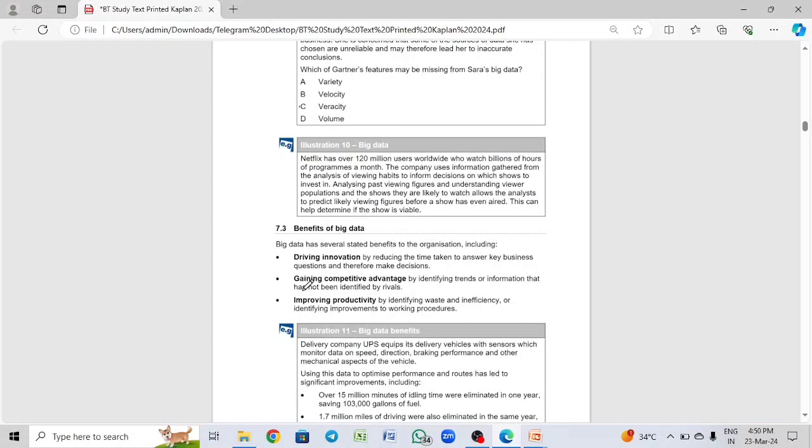It improves productivity since they have a large amount of data. And since different people have different search web histories, for example, it drives innovation. Companies work on the requirements of the consumers.